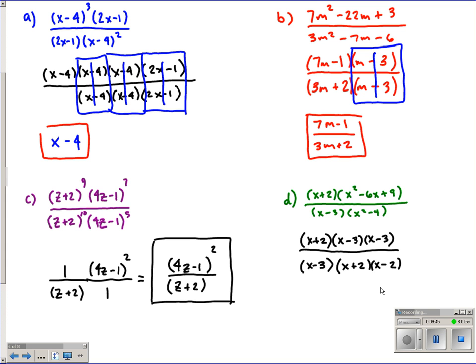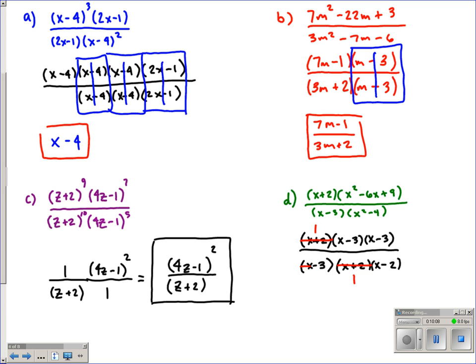Now we're looking for factors that will help us to pull out 1s. Well, I notice I have an x plus 2 in my numerator and I have an x plus 2 in my denominator. Rather than boxing them in and making a big 1, I'm just going to go ahead and cancel them there. I know this is the same thing as 1, and this is the same thing as 1.